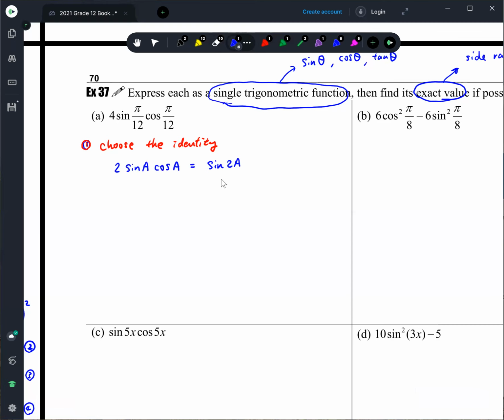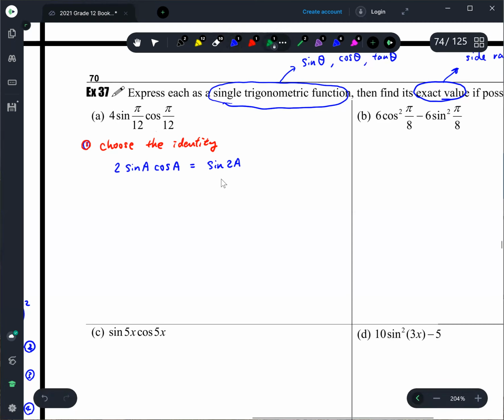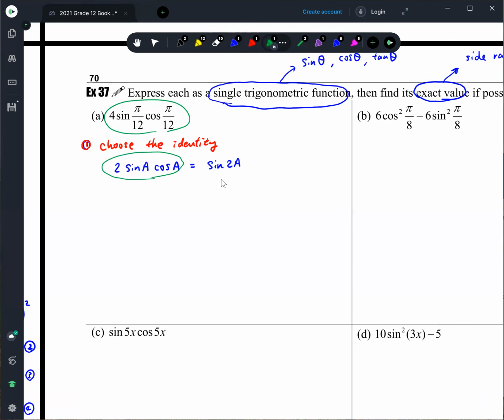So you compare the question and the identity. Don't pick the cosine double, because cosine double has a square. This one doesn't have a square, so it'll be this one. That's your step 1. You have to pick the right one.